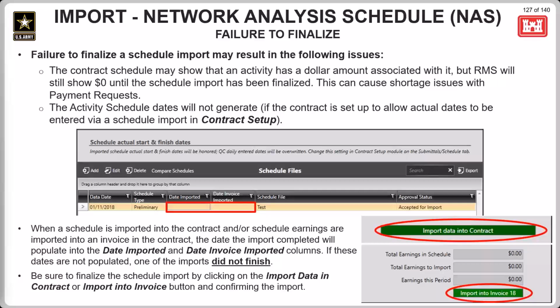If there's a date in the date invoice imported column, but no date in the date imported column, then that payment is going to have to be redone since the most current schedule data was not imported first. So the schedule import will need to be completed, and the import invoice will need to be redone. The original invoice will need to be deleted as well.